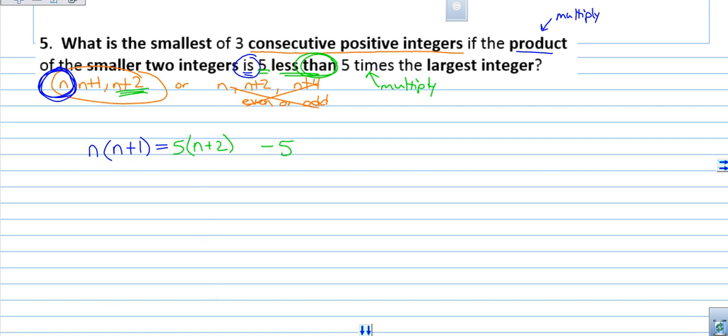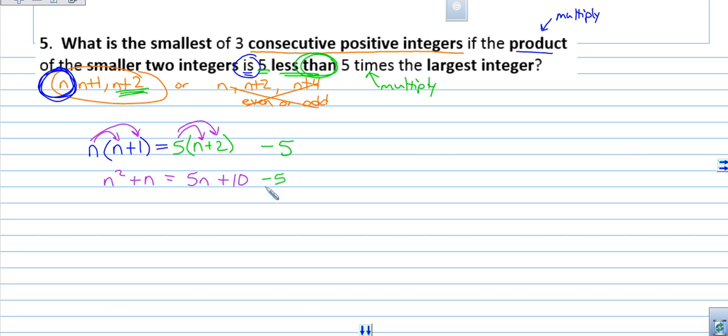Okay? So now you just multiply this out. You've got n times n and n times 1. So it gets n squared plus 1n equals, okay, do it again, 5n, 5 times n and 5 times 2, so you get 5n plus 10, and then the minus 5 will come down. Okay?